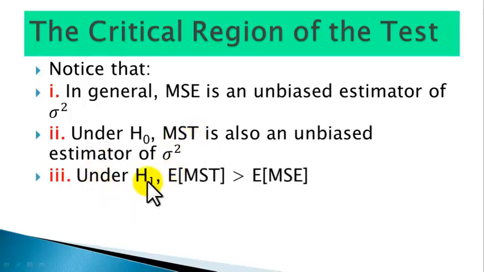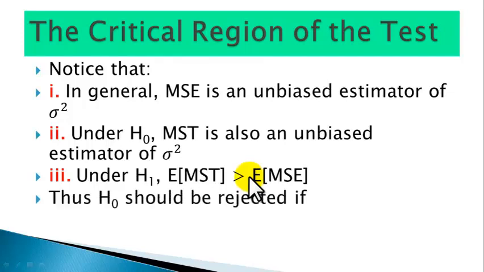Under the alternative hypothesis H1, the expected mean square for treatment is greater than the expected mean square for error. Thus, the null hypothesis H0 should be rejected if F0 is greater than F alpha with k minus 1 numerator degrees of freedom and N minus k denominator degrees of freedom.